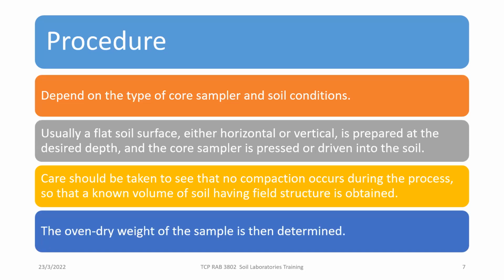The procedure depends on the type of core sampling and soil condition: if the soil is wet or dry, and what core sampler type we use. But usually a flat soil surface, either horizontal or vertical, is prepared at the desired depth.